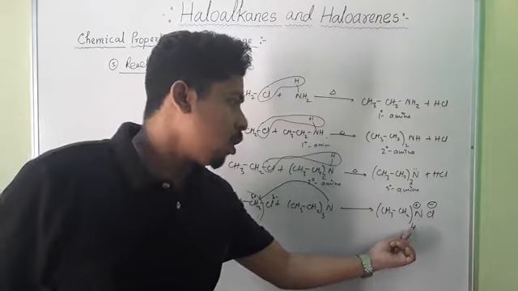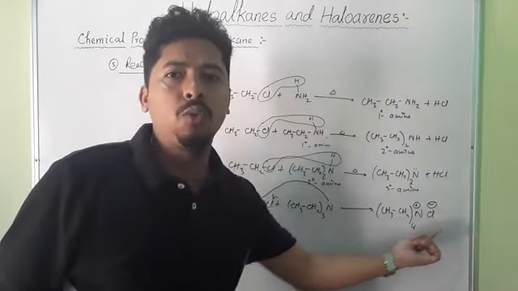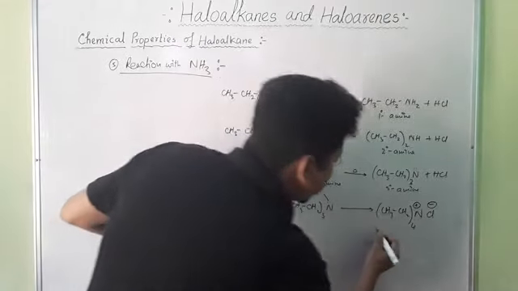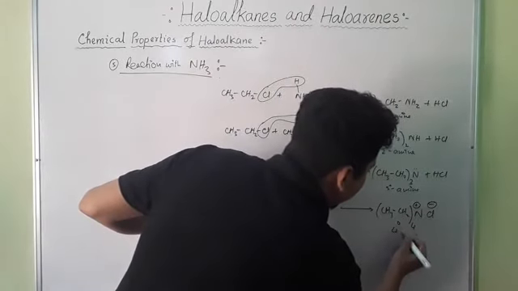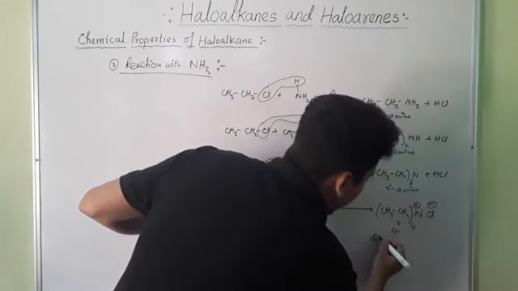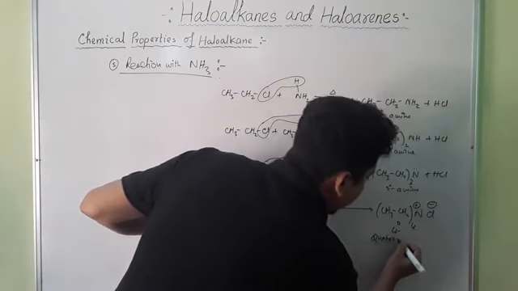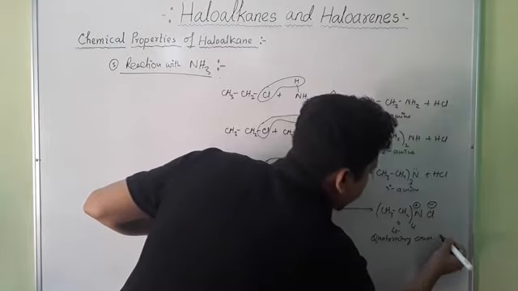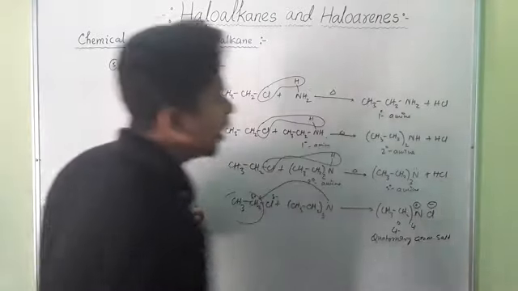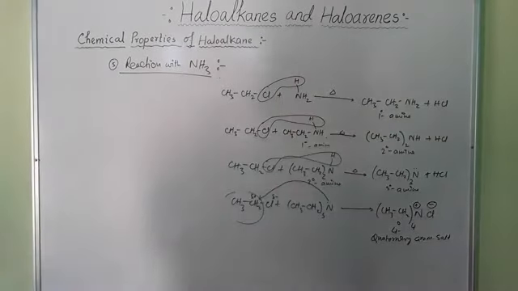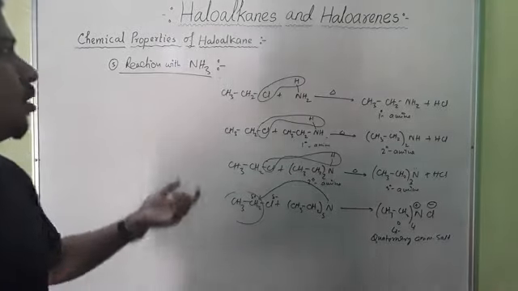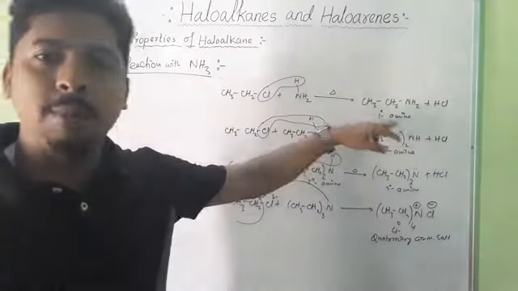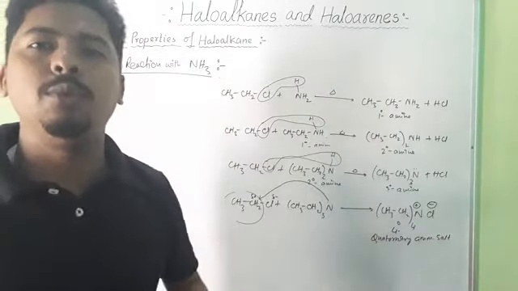So it's called quaternary ammonium ion or quaternary ammonium chloride, 4 degree ammonium chloride, or quaternary ammonium salt. So haloalkanes on reaction with ammonia give a mixture of products. It forms a mixture of primary, secondary, tertiary and quaternary ammonium salt.